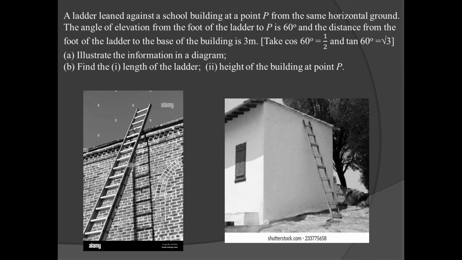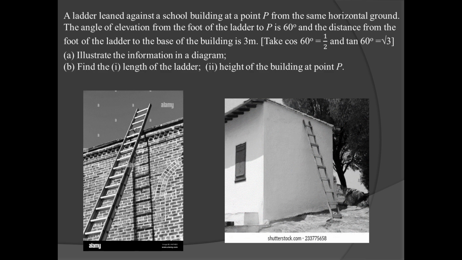Look at this. So we have a ladder against a building here, and then we have a ladder against a wall. I decided to keep the names and the website on the images so that I will acknowledge where I picked it from. Okay, so a ladder leans against a building.